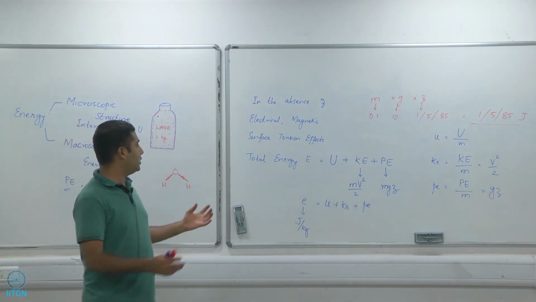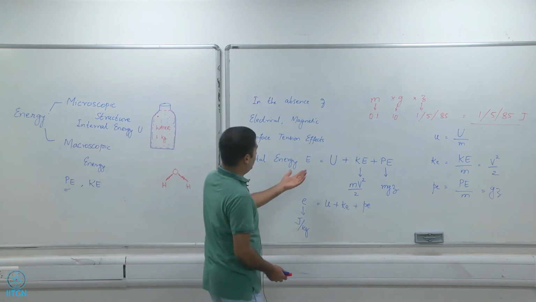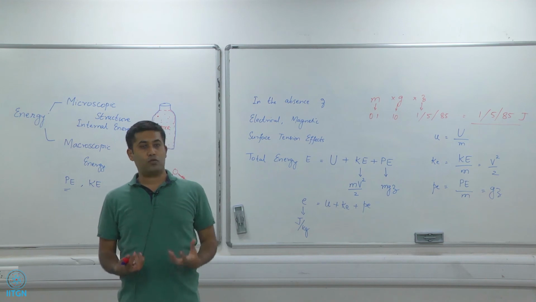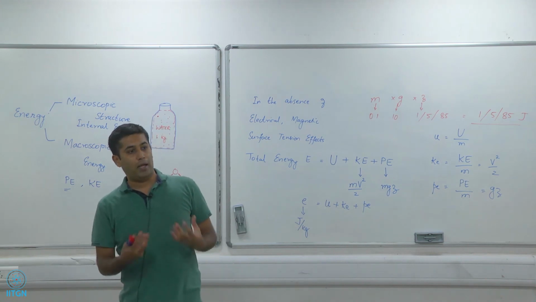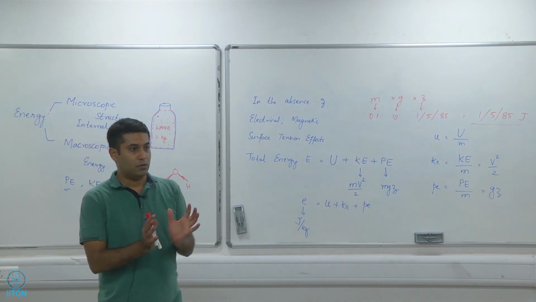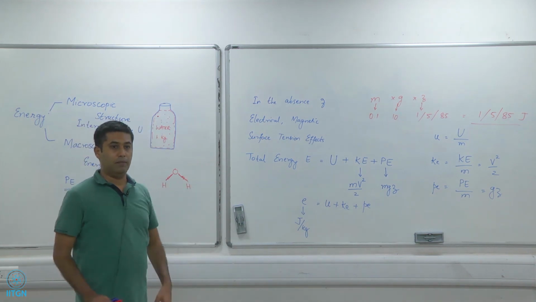So this then is the total energy of a system. The total energy E is U, which is internal microscopic energy, plus the macroscopic, which is the potential and the kinetic energies. So if I add these three together, I get the total energy E, right.